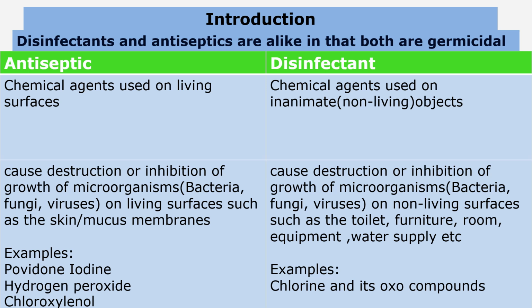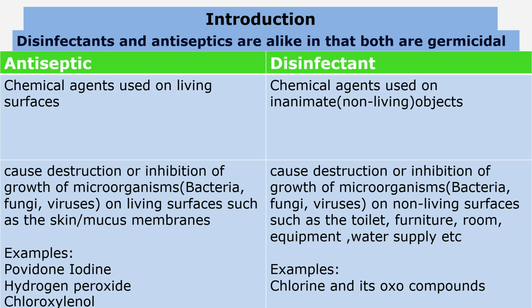For disinfectants, they are chemical agents that are used on non-living surfaces or inanimate objects. They cause destruction or inhibition of growth of microorganisms on non-living surfaces, such as the toilet. It is always important that you disinfect your toilets.